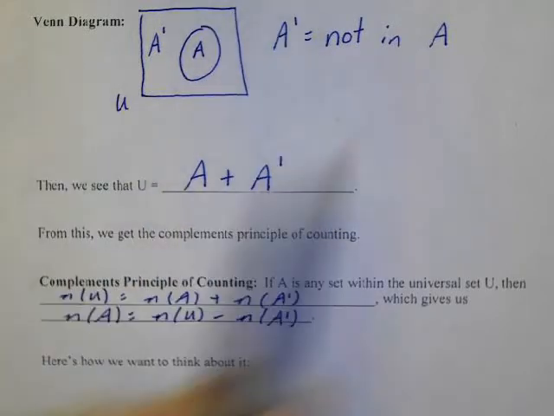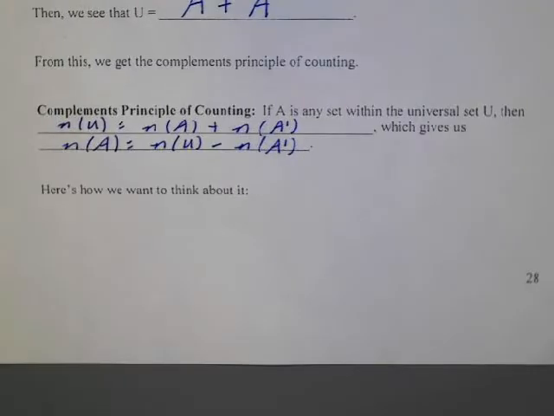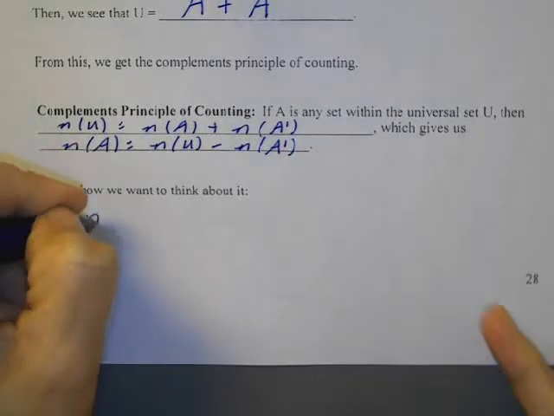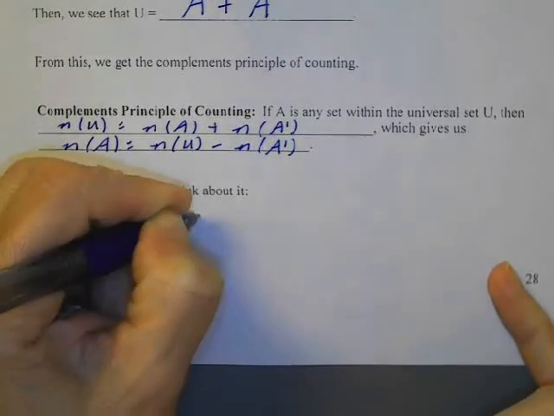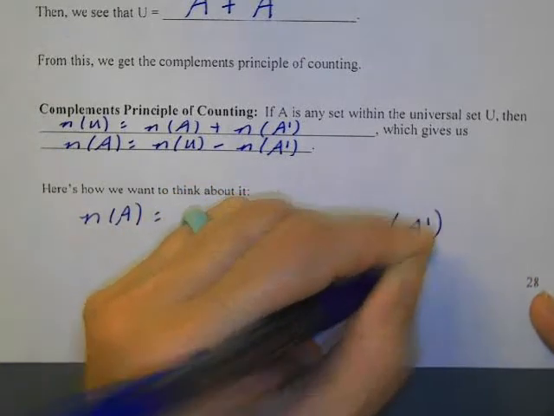If I count the whole box and take away what's outside of A, I'd be left with what's in A. So here's how you want to think about these for 10.5: n of A equals n of U minus n of A prime.